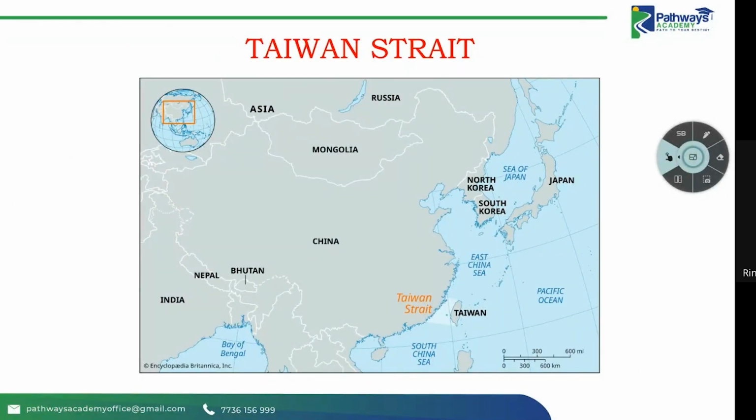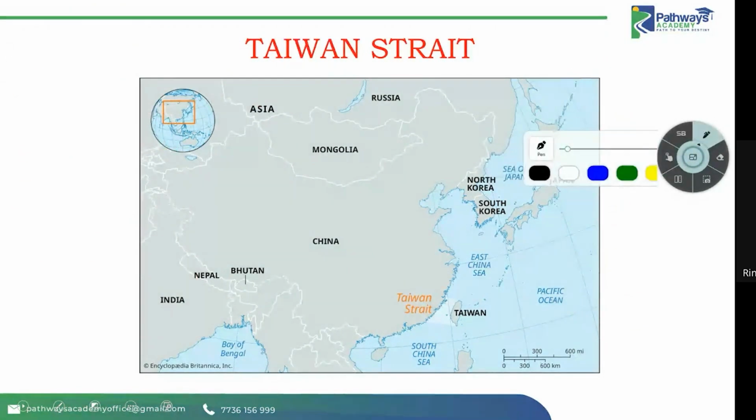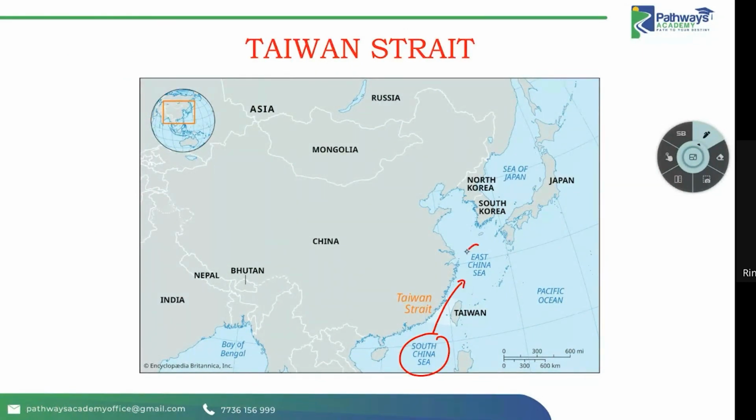Okay, then you can see the South China Sea here. Above the South China Sea lies the East China Sea. Above the East China Sea, there is the Sea of Japan. So please write this order and how this is connected.